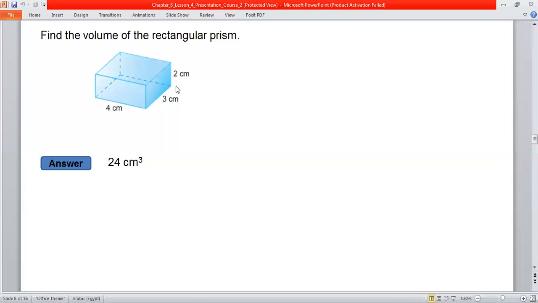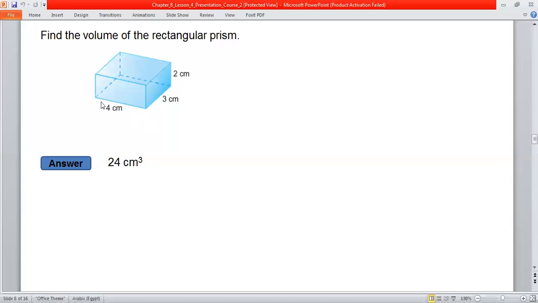Again, the volume of the cuboid or rectangular prism is equal what, Muhammad? Length times width times height. What is the length? The length is the longer, the biggest number. So the length here is what?